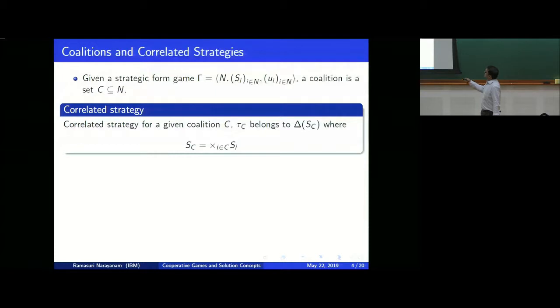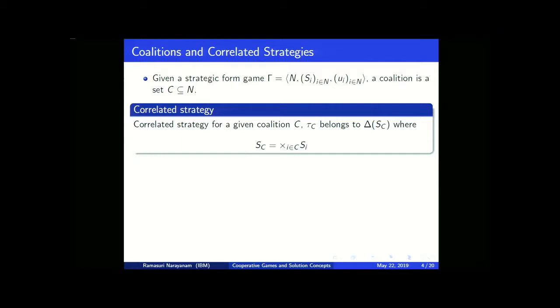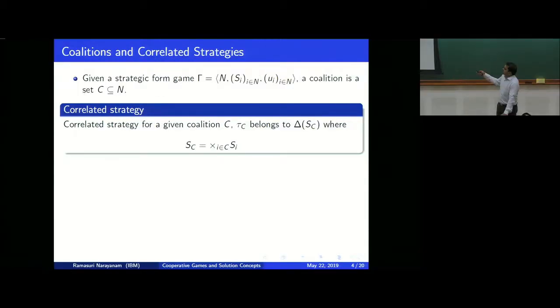So let's consider a correlation of the players C. C is a subset of N, okay? So a correlated strategy for a given subset of the players C is nothing but a probability distribution over this set capital SC, which is nothing but the cross product of the players' strategies in the set C. Okay, so SI is the set of strategies of the ith player, and you consider all such strategy sets of all the players in that correlation C. Take the Cartesian product of it, you get all possible profiles of strategies for the players in the set C, whatever SC.